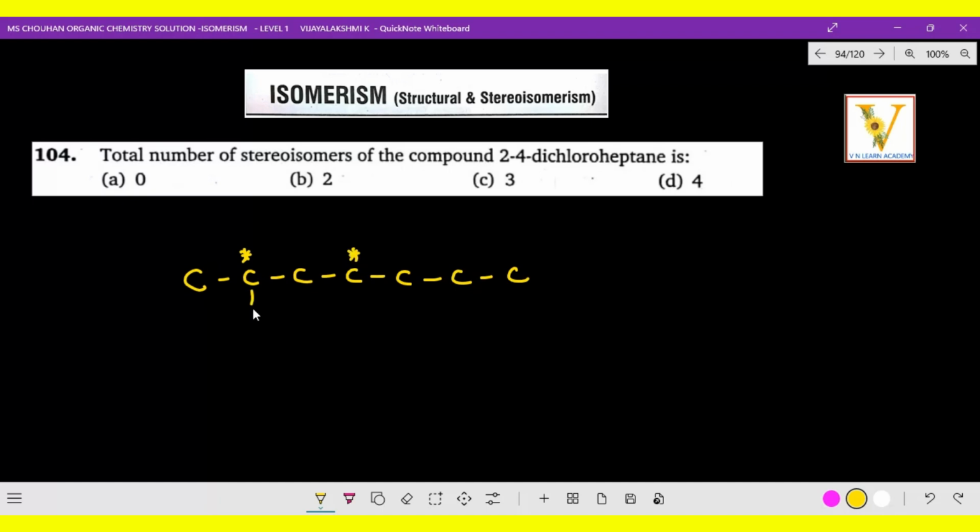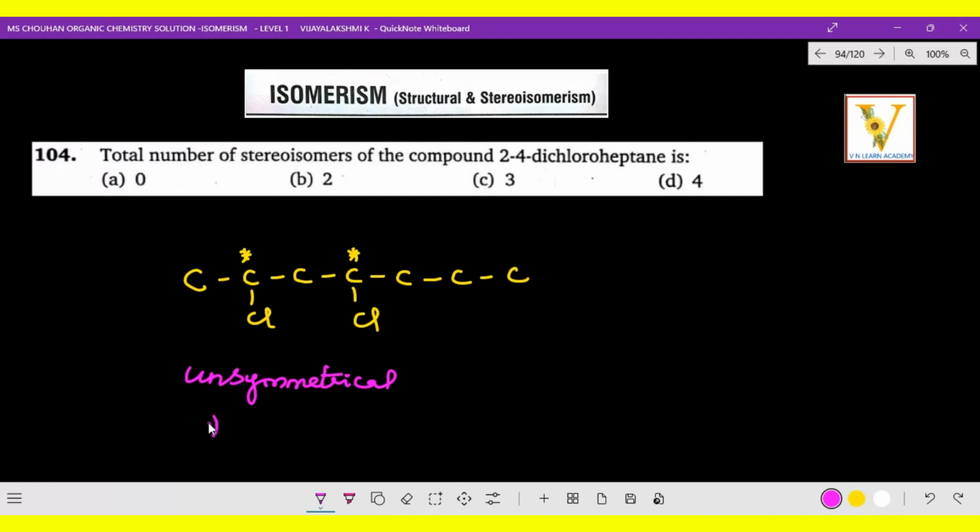So 2,4-dichloroheptane. Okay, now in this, is it symmetrical or unsymmetrical? 100% it is unsymmetrical. Right, unsymmetrical. So what is the formula you will give for it?